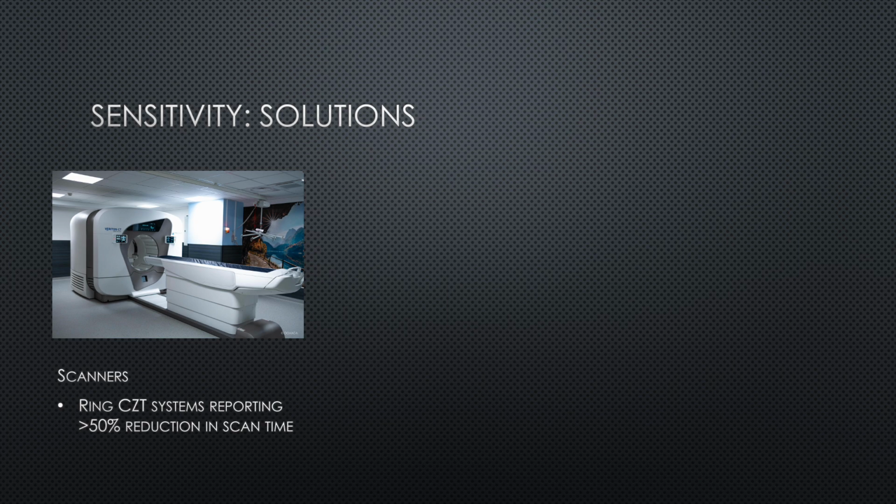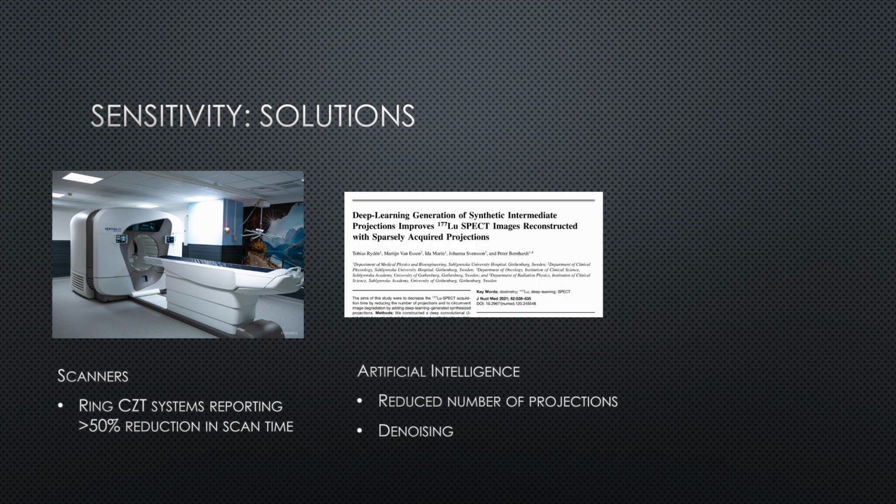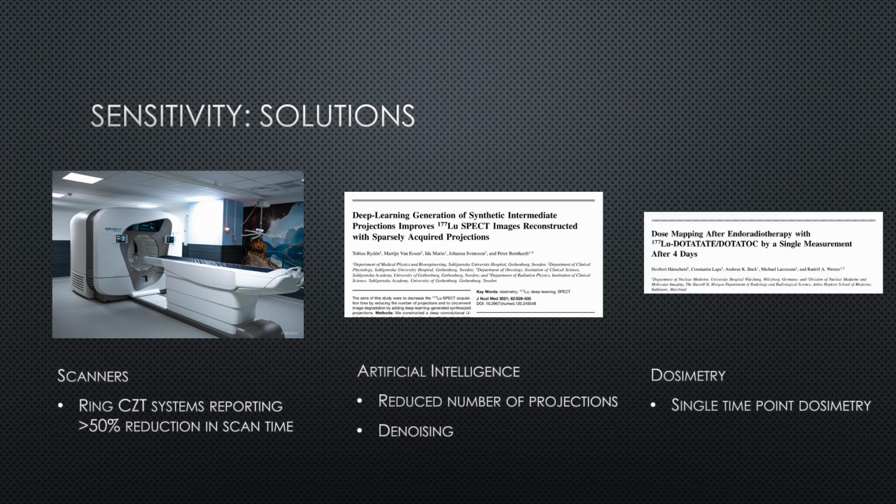Huge savings in scan time. Or we also have the growing use of artificial intelligence techniques. And in this example, what they did was reduce the number of projections in the SPECT to try and reduce time. Of course, artificial intelligence can also be used to denoise images as well.